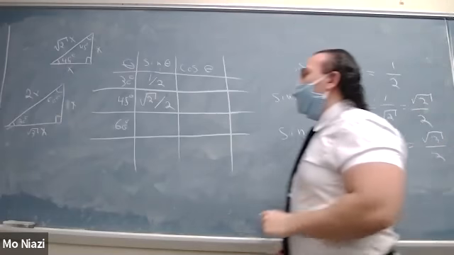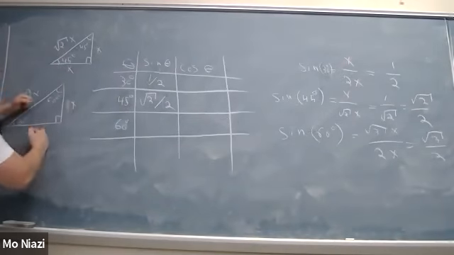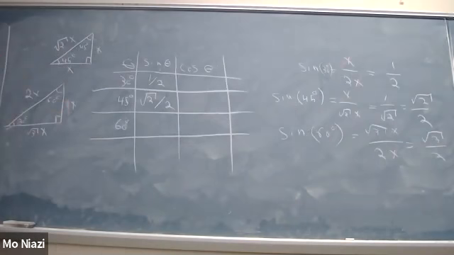What's this x business? Again, this shows you that you can pick any x. Pick a number. 4. We could create a 30, 60, 90 triangle that has hypotenuse 4 times 2, which is 8, this leg 4, and this leg 4 root 3. That's what that x means. Pick another x. 6.